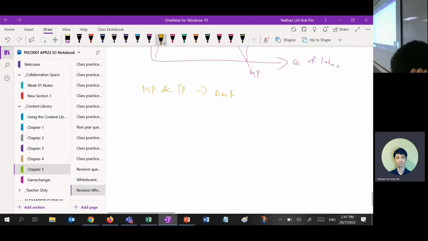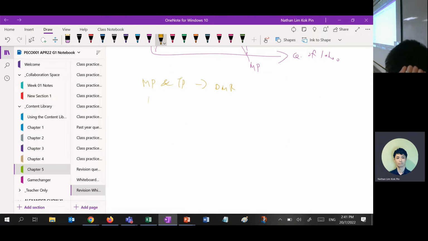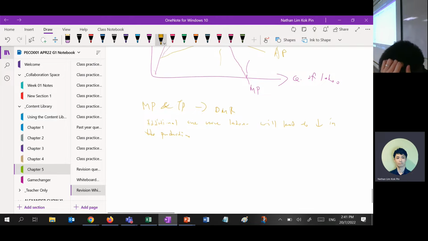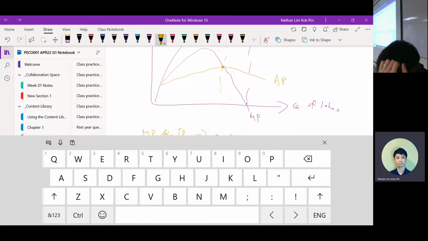What is diminishing marginal returns? One more labor will lead to a decrease in the production of goods and services.